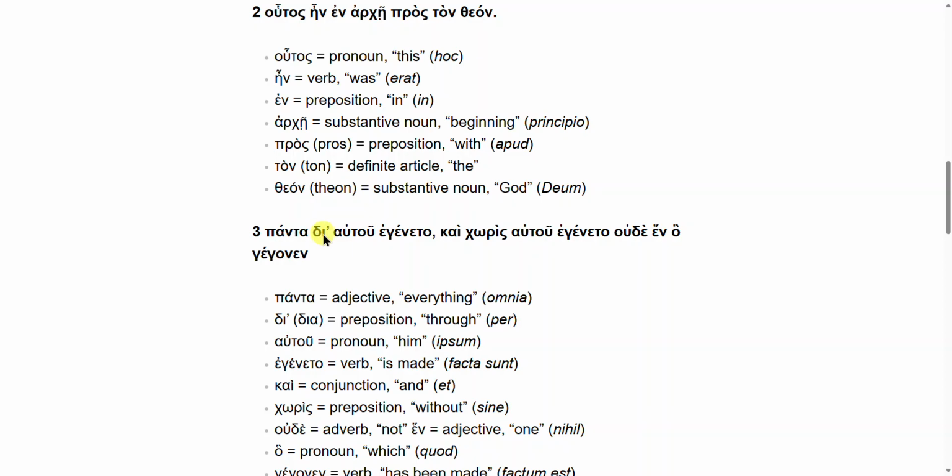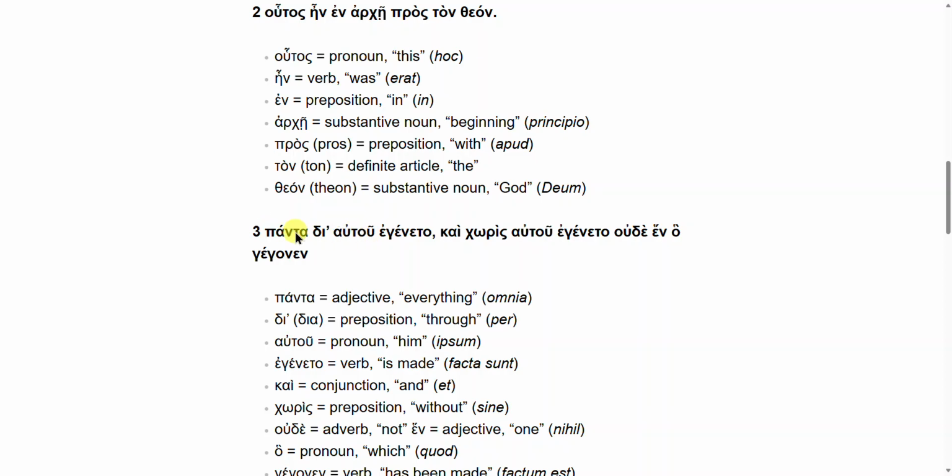This word is actually dia, if you look it up in a Greek lexicon, but the alpha has been dropped from pronunciation and marked with an apostrophe because the next word starts with the ah sound. So rather than saying dia autou, we just drop that alpha and combine these to say di'autou. And I'll explain that more in a minute.